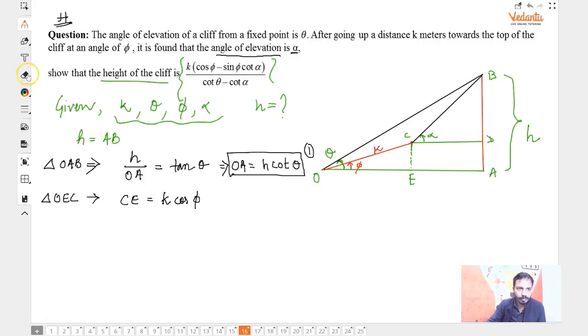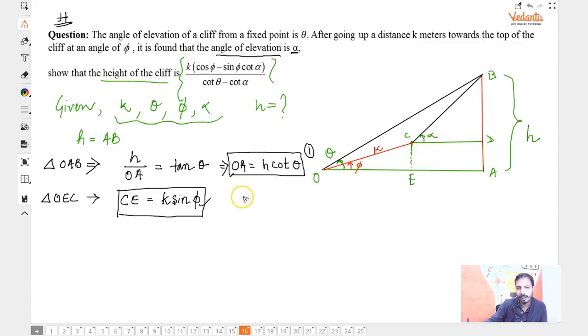Okay? Right? Because height by hypotenuse will give you sine of phi. So here, this is the height of this triangle and this K is the hypotenuse, right? So this will give me sine of phi. So this is also an important equation.